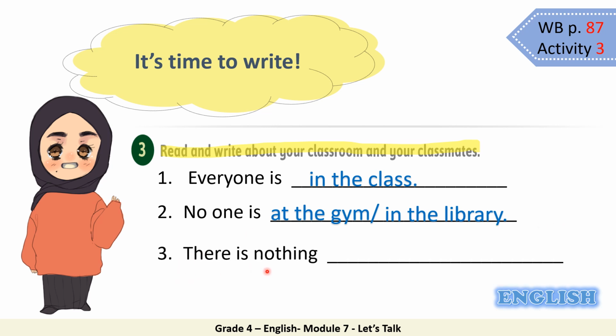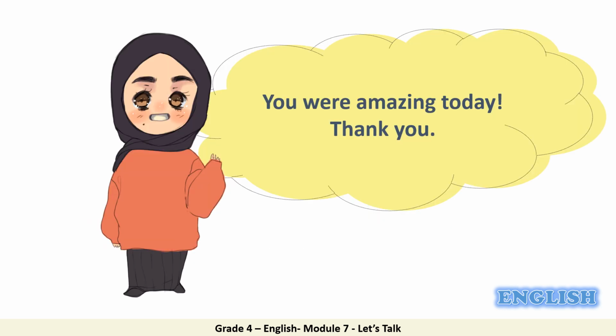There is nothing blank. I can complete the sentence and say, there is nothing on the table, or there is nothing in her bag. You did it. Great job! Now you can complete sentence number 4 on your own.